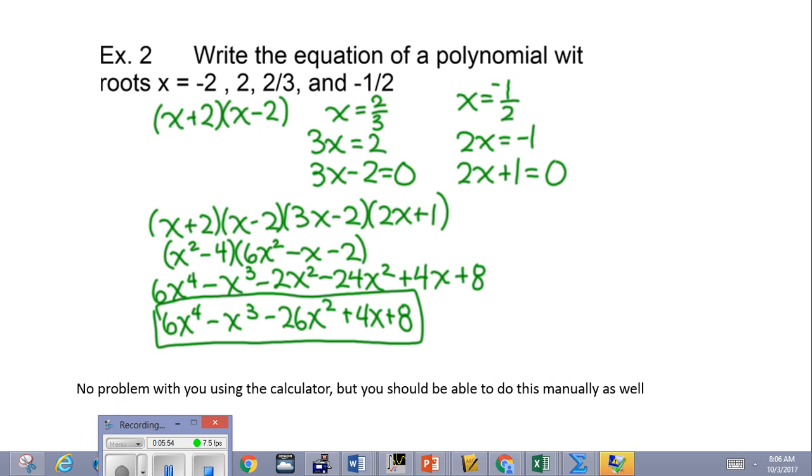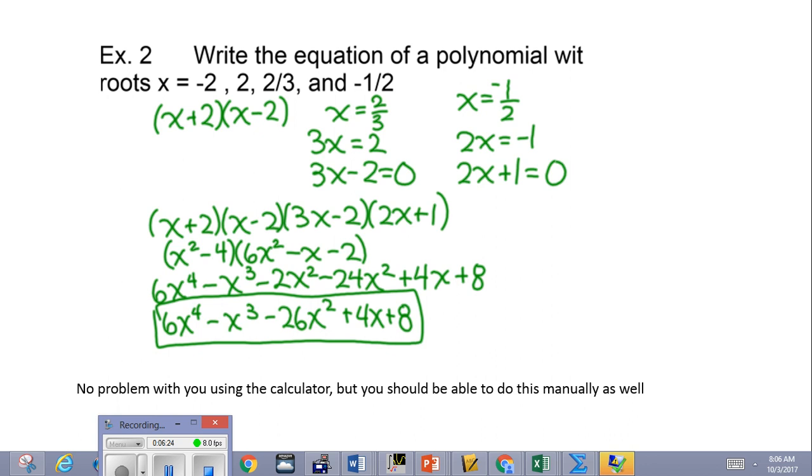Enjoy that moment, okay? So, let's look at another problem here. We're telling you what the solutions are and asking you to find the polynomial, all right? So, solutions are 2 and negative 2, implying factors are x plus 2 and x minus 2.